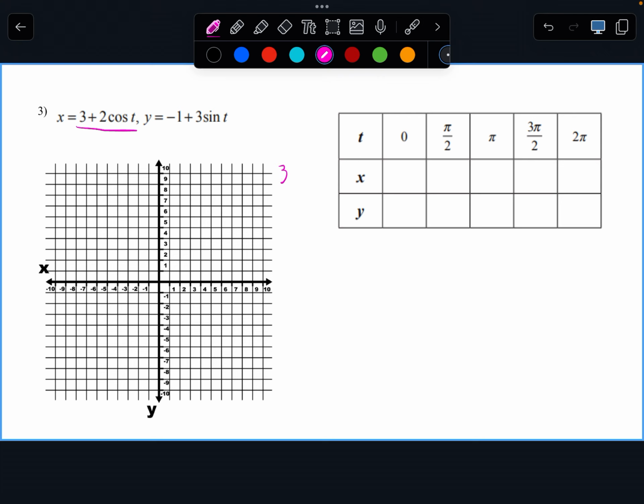So you're going to go 3 plus 2 cosine t and negative 1 plus 3 sine t. I'm going to freeze this because you're going to have to be real good at trig this unit. So try to get it as fast as you can.